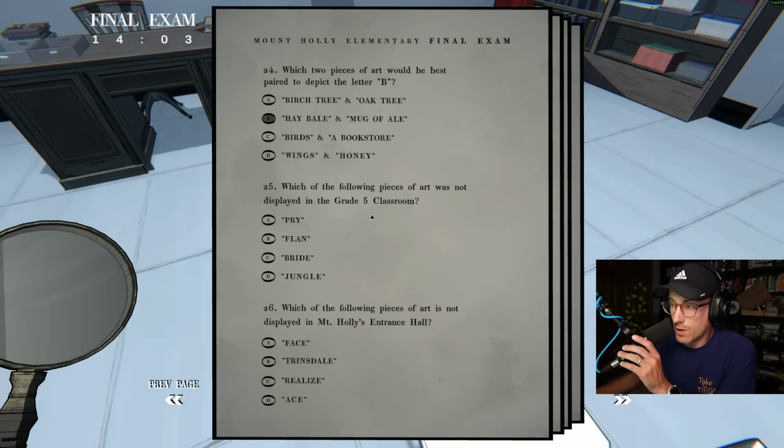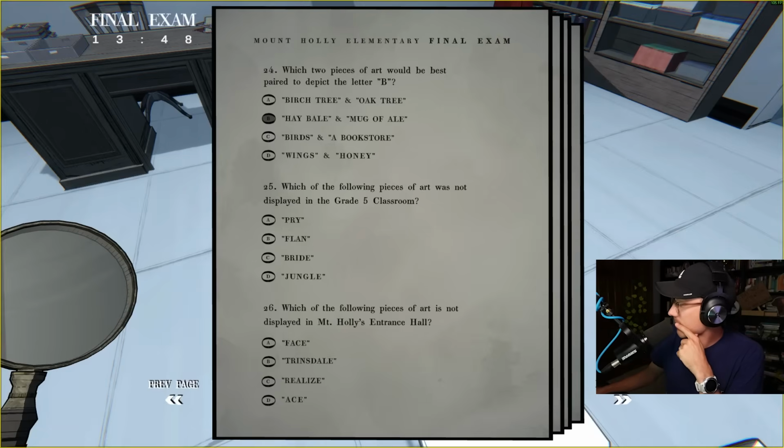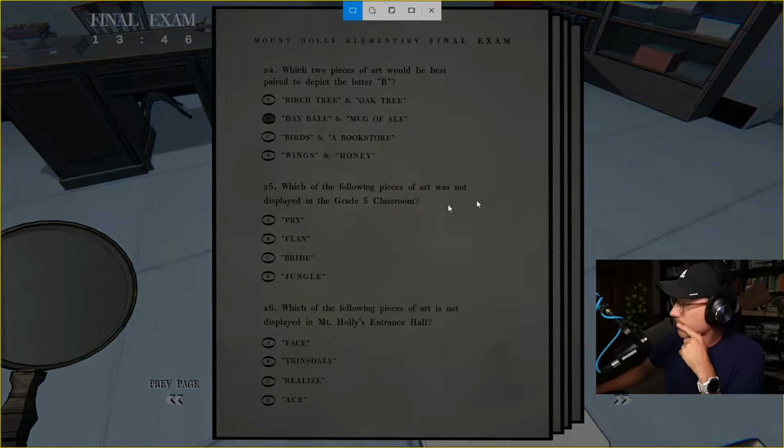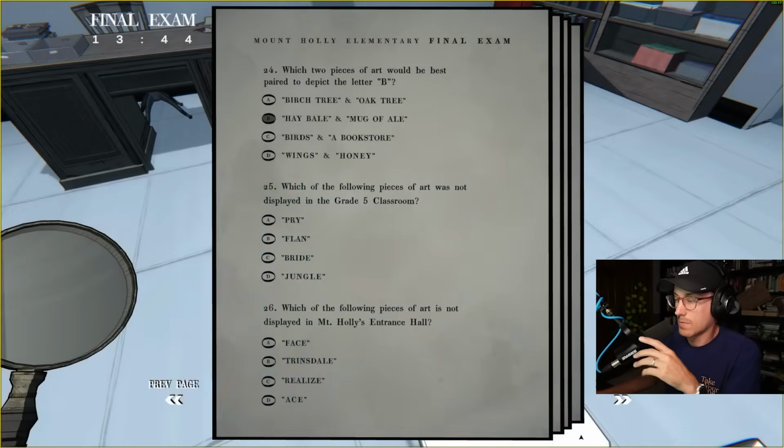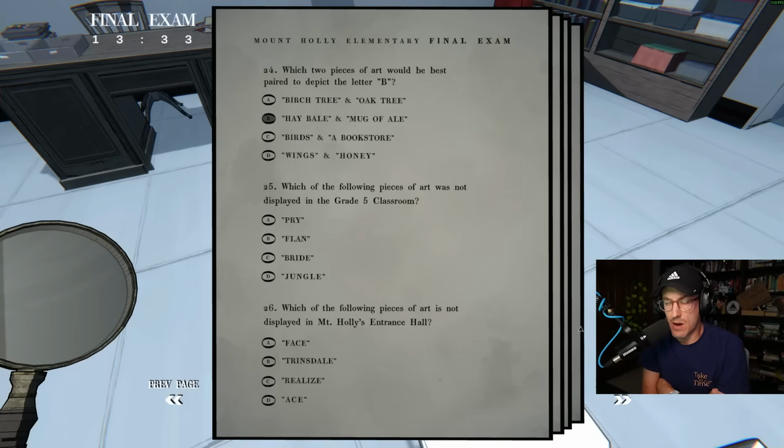Which of the following pieces of art was not displayed in the grade 5 classroom? You frustrating people. I didn't take photos of that stuff because I didn't want to. Which of the following pieces of art is not displayed in Mount Holly's entrance hall?